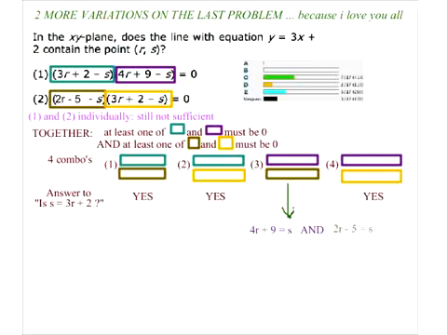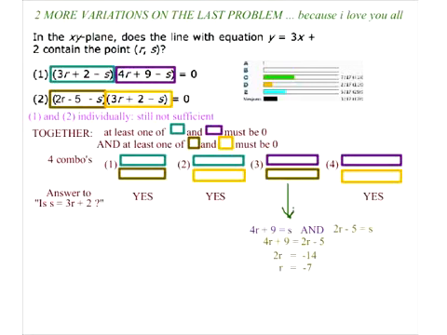They're both equal to S. So 4R plus 9 has to equal 2R plus 5. And so that means that 2R is negative 14, and so R is negative 7. And so you can plug back in. So R and S are negative 7 and negative 19.